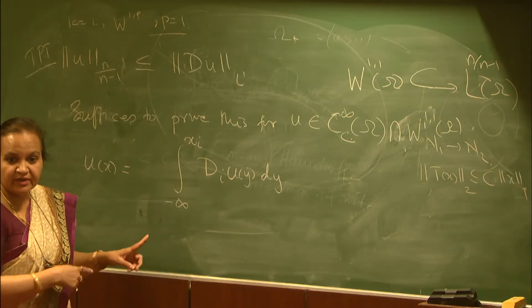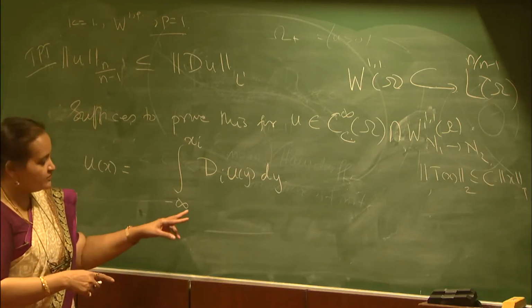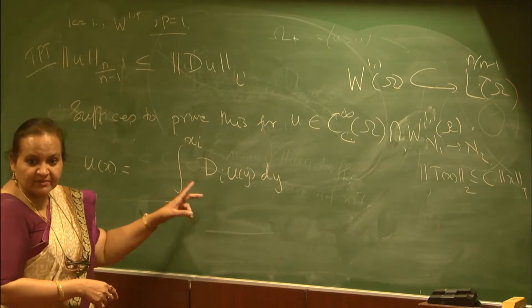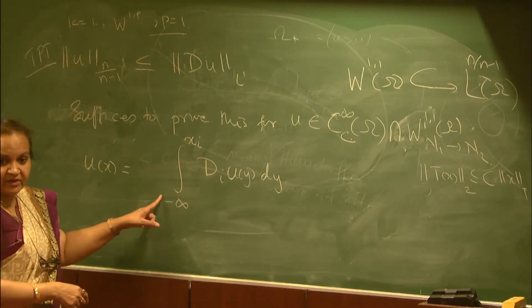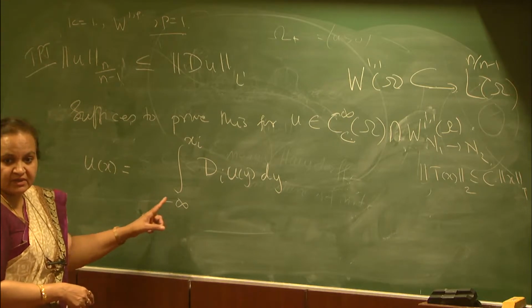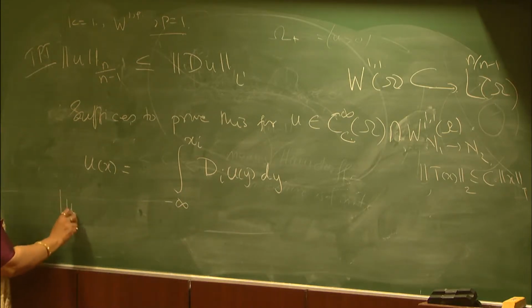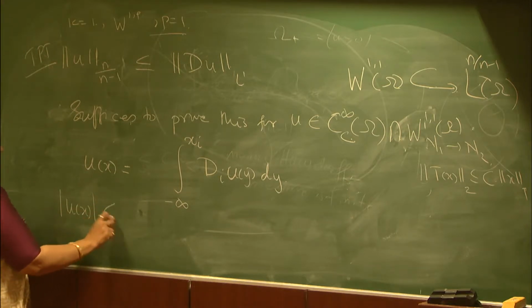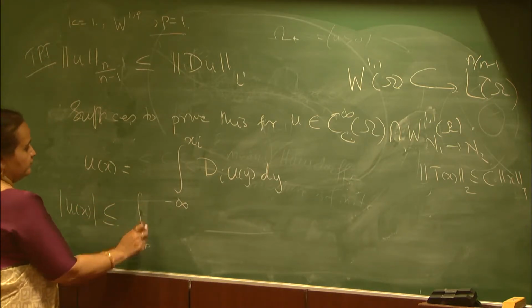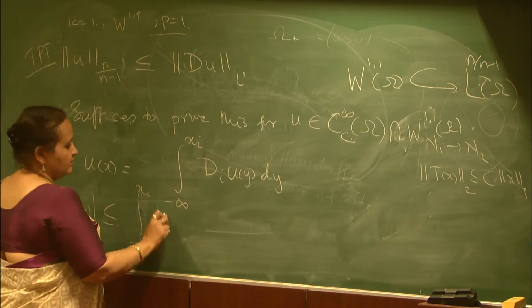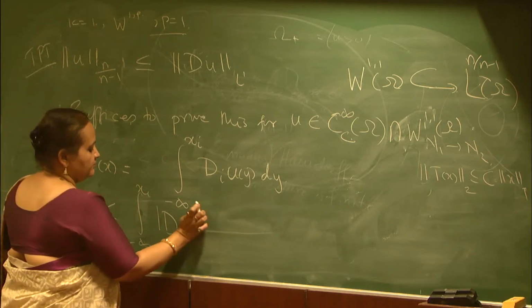Okay, I'm just doing it in one variable. This is a function of n variables. I'm just using the fundamental theorem of integral calculus in the ith variable. That's all. So if I take mod of u(x), this is less than or equal to the integral from minus infinity to x_i of mod of D_i u dy.